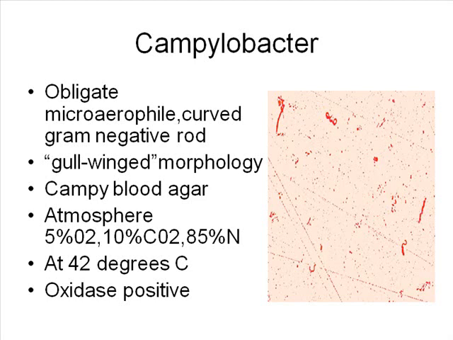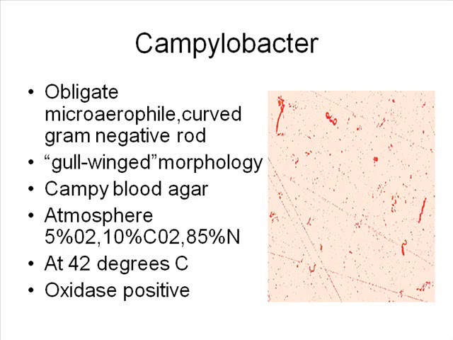So, Campylobacter. What do we know about Campylobacter? It is microaerophilic. Remember, that term means that there is a special atmosphere. Now, if you can't remember what atmosphere it is, remember that it is always higher nitrogen. Think of Campylobacter as normal flora in chickens, and chickens are pretty hot.